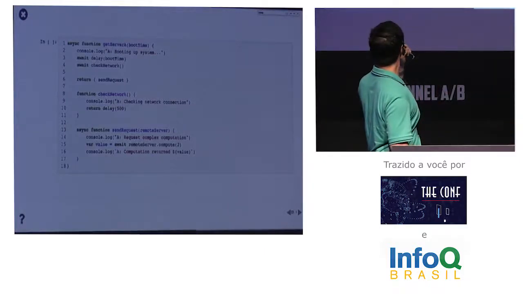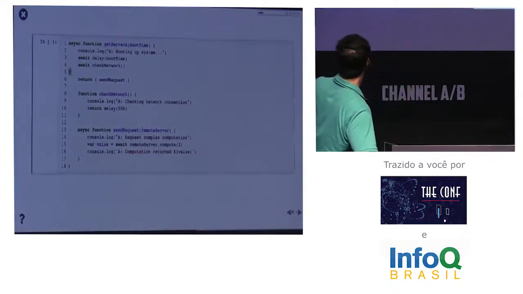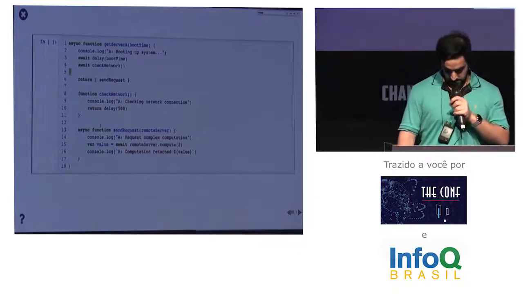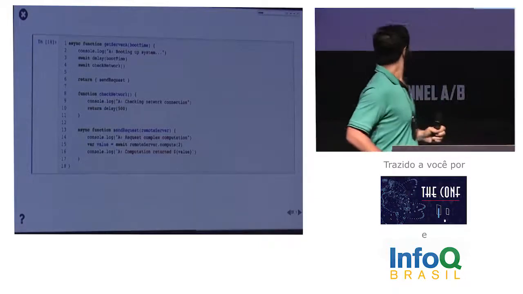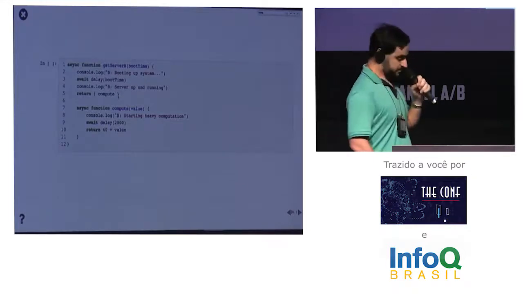So if we rewrite this example using Async Await, you can see all the function calls become a lot shorter. So if we execute the code here, we declare the function. Now server B is also a lot shorter: logging action, then wait for the delay, and then server up and running, and then you just return the result.